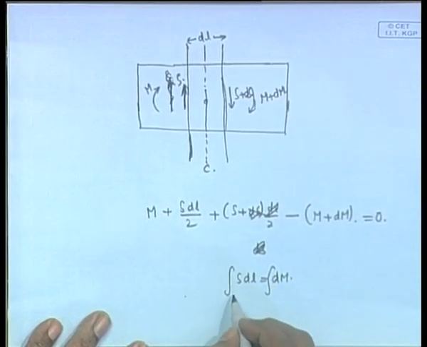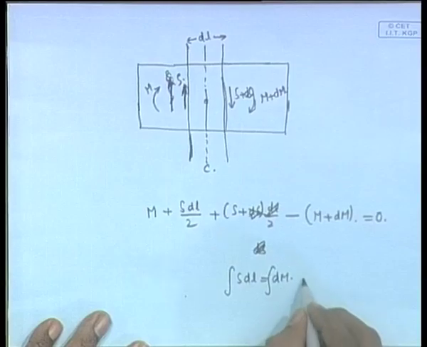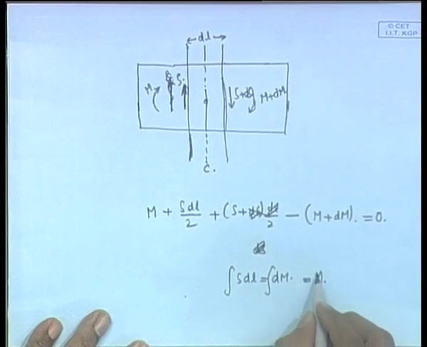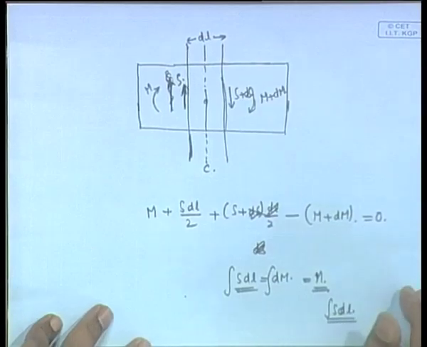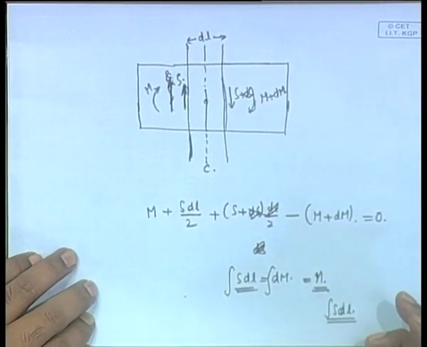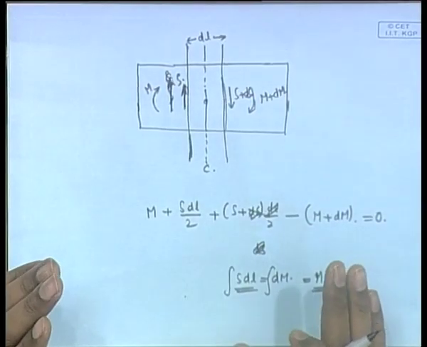Between these 2 points, the integral of s dl is equal to the integral of dm, which is of course equal to m, the total moment. Therefore the bending moment curve is got by doing the integral of s dl. What is s dl? It is just the area under the shear force curve, so the area under the shear force curve will give you the bending moment curve.